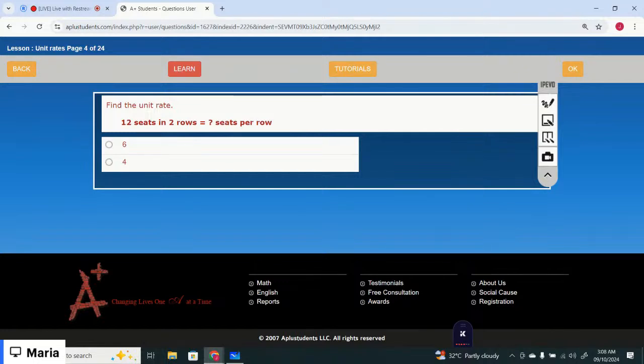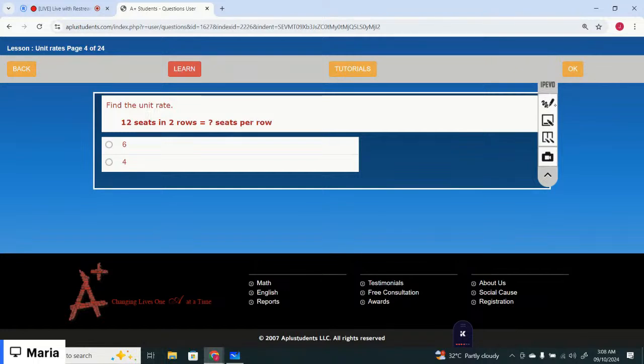Find the unit rate 12 seats in 2 rows. Which is the correct option? 12 seats in 2 rows. So how many seats per row?